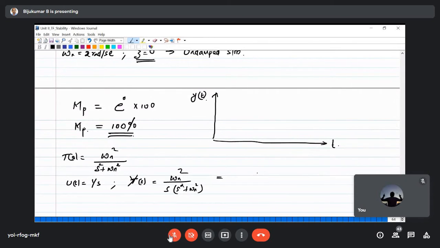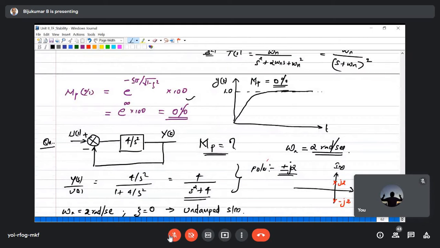So if you apply partial fraction, this becomes A by s plus (Bs plus C) divided by s square plus omega n square. Can you please find the magnitude of A, B, and C and tell me?